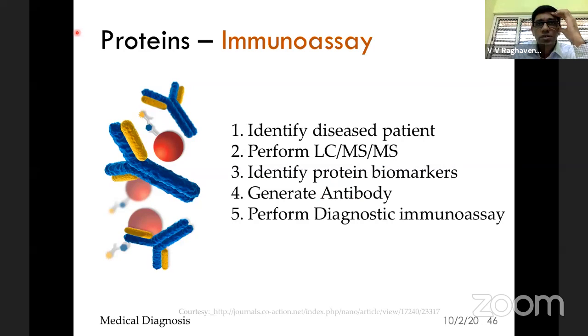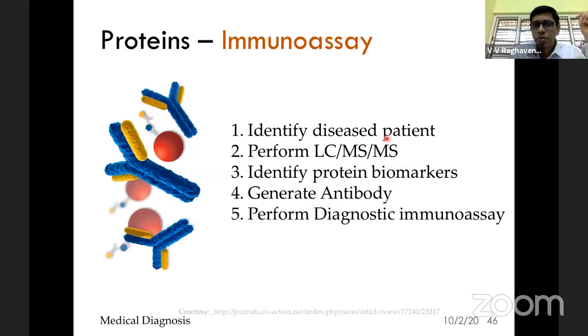In a disease condition, if this particular protein goes to elevated levels, that means this is your disease marker. If you can identify a protein, you will be able to develop an immunoassay for it. That is how disease markers are basically identified.